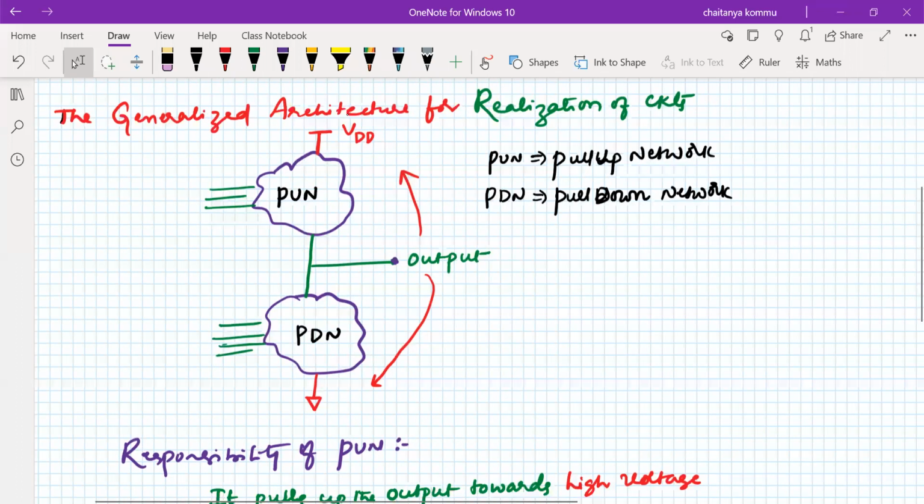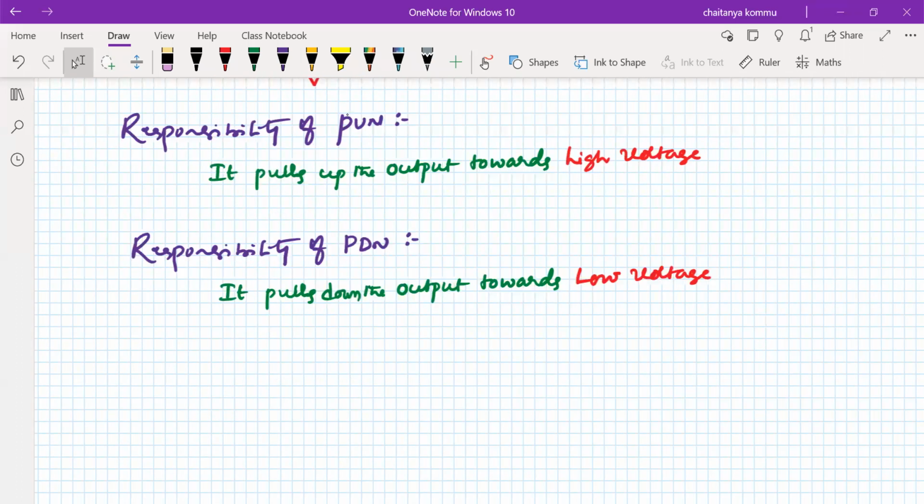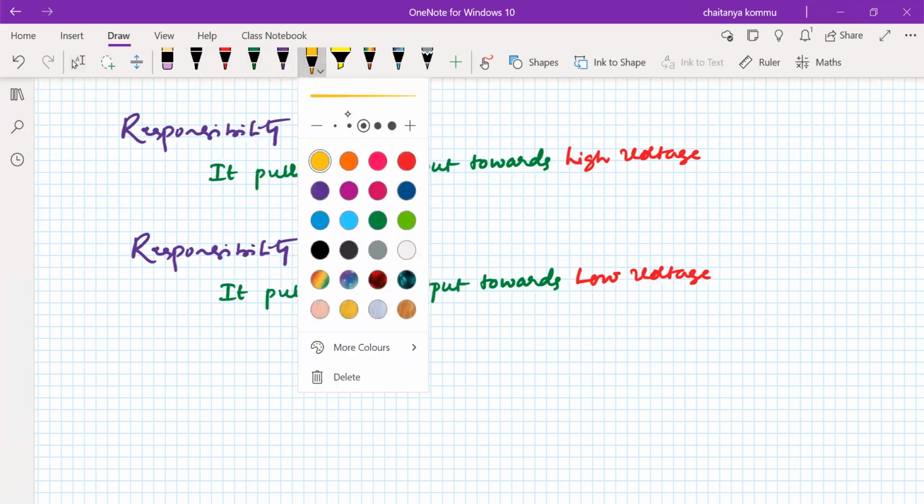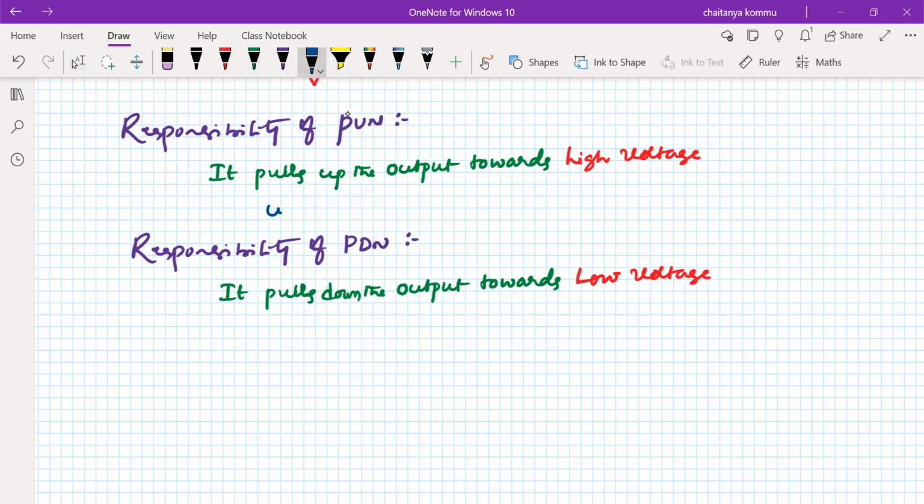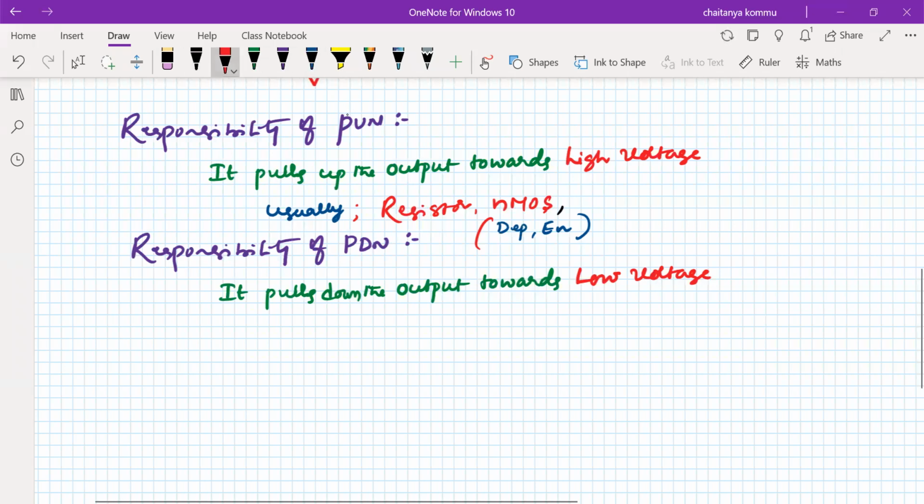Usually, I can use either a resistor, or an nMOS, which can be depletion or enhancement. Either one is possible. Similarly, it is possible to use the PMOS transistor as well.